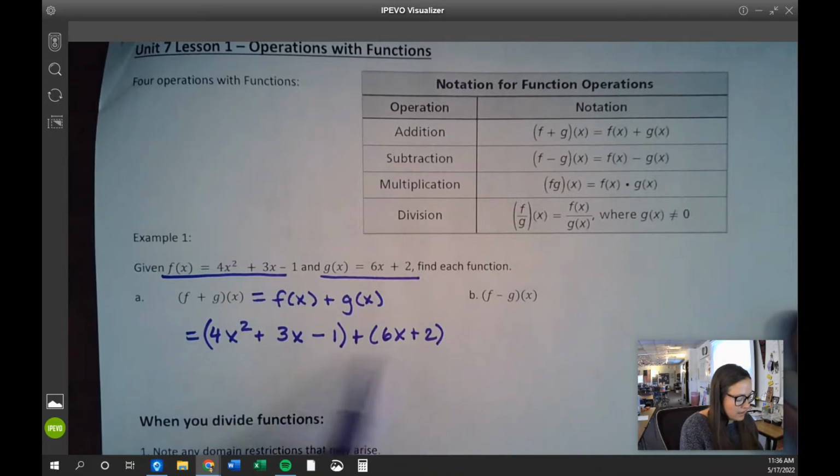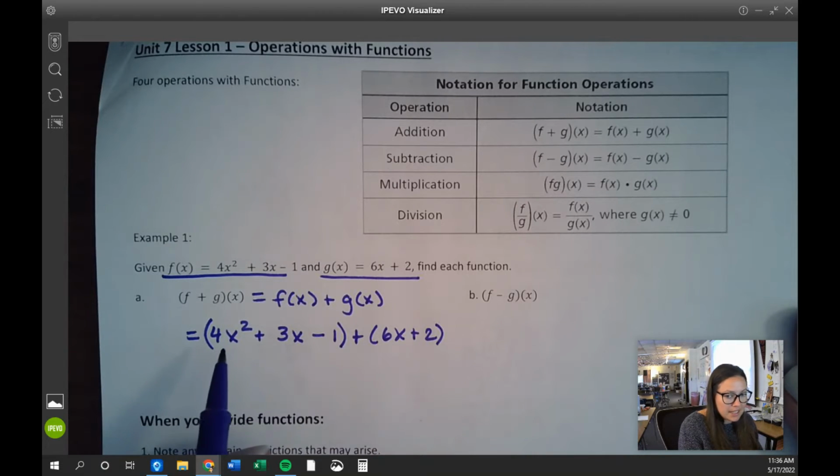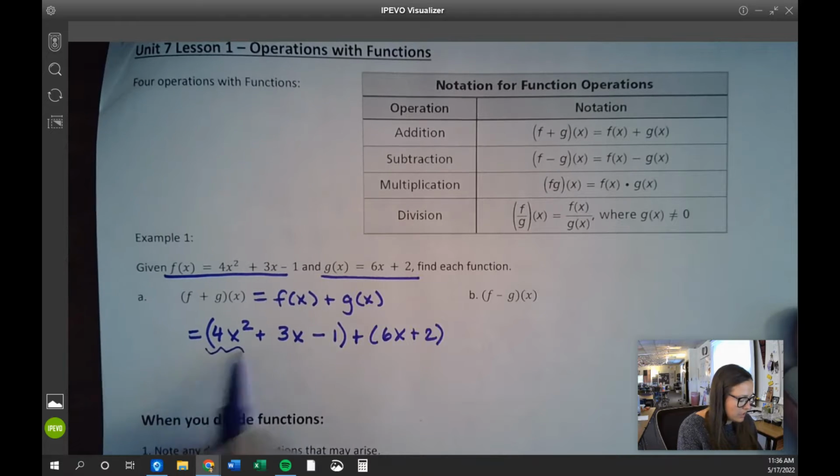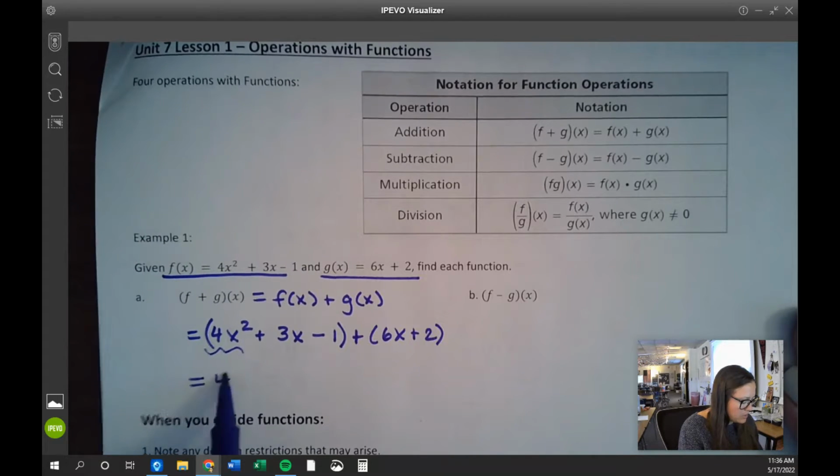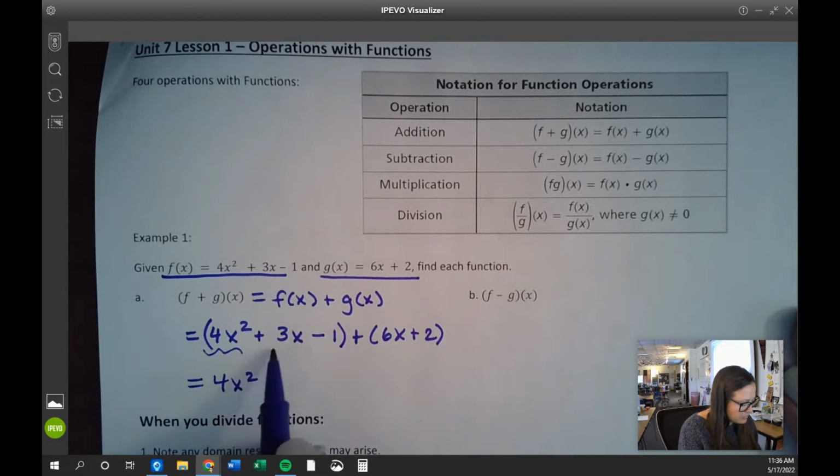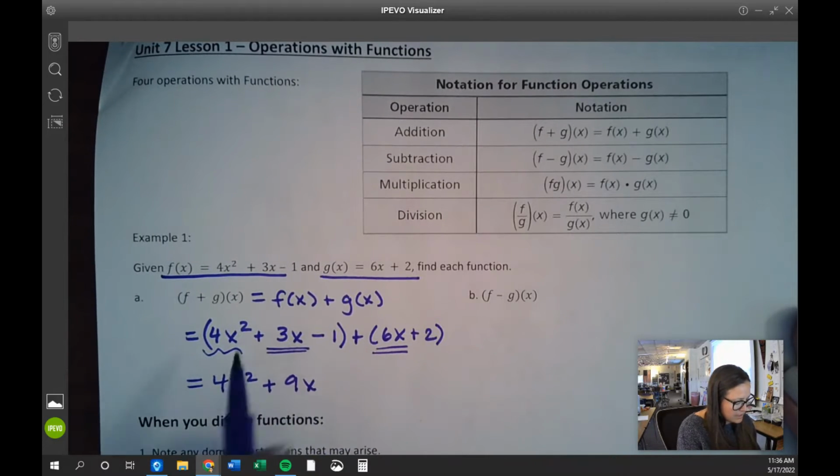It's just combining like terms. The parentheses don't really affect anything. So I'm going to combine like terms. I have my 4x squared, 3x and 6x gets 9x, and then the minus 1 plus 2 is a positive 1.